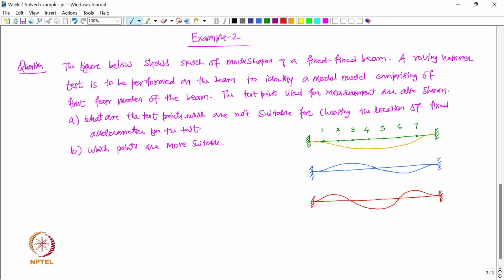Maybe also I can indicate the test points. Maybe I can do that later. Let me first complete the plot of mode shapes, and this is the fourth one.